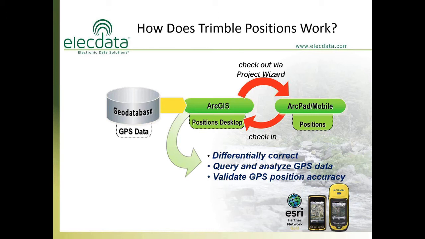You have a project wizard, which lets you interact between the geodatabase and some of the workflows that you want to use in the field, whether it's ArcGIS Mobile, ArcPad, Terasync, or Teraflex. In the case of ArcPad and ArcGIS Mobile, people often use Positions to bring the data back, check it in to the geodatabase, and then post-process the data to improve the positional accuracy.